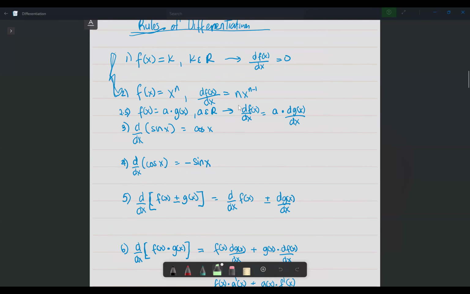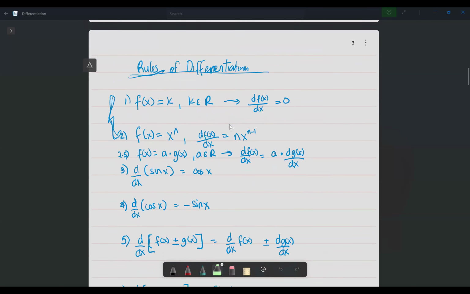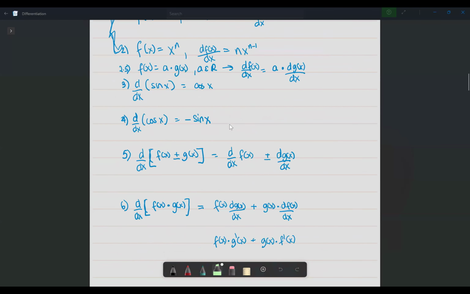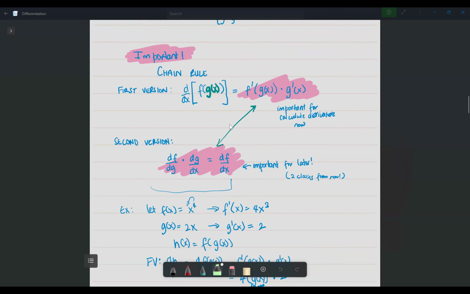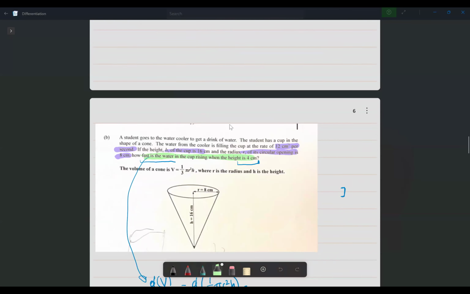So for differentiation, it's just you memorizing every rule that they have. Every rule in question is oftentimes the ones you learned earlier in additional mathematics. This is the notes for that, but that part is not important.